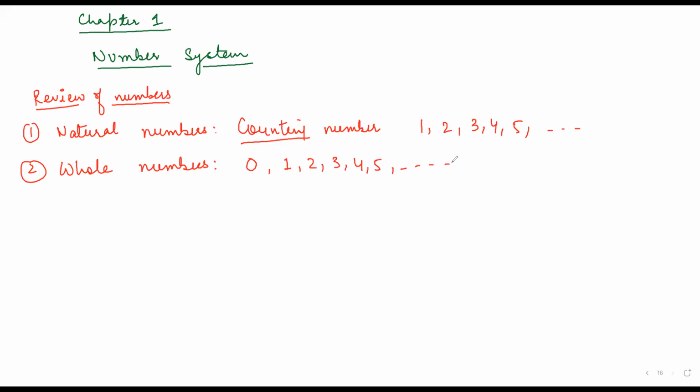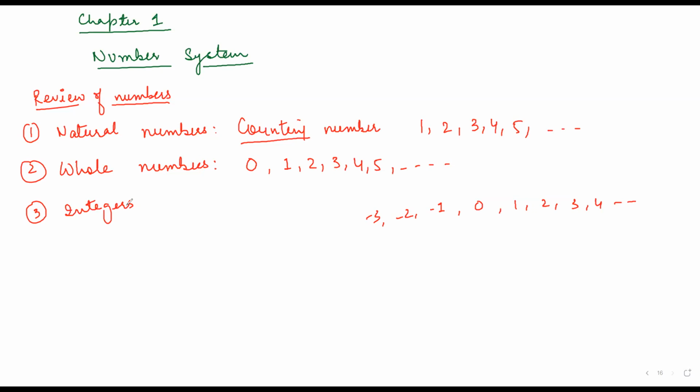So if we also include negative numbers, then what will happen? So basically I have 0 here, then 1, 2, 3, 4, and so on. And on this side, I'm writing on the number line, right? So -1, -2, -3, like so, this complete set will be called integers. Is that okay?